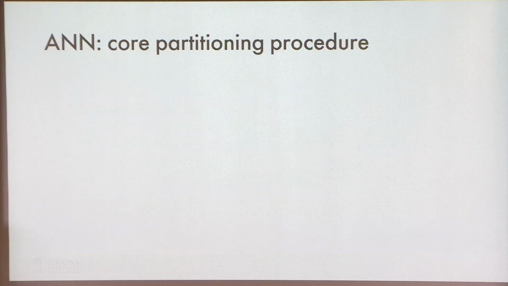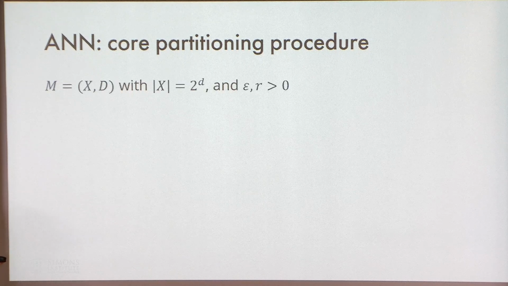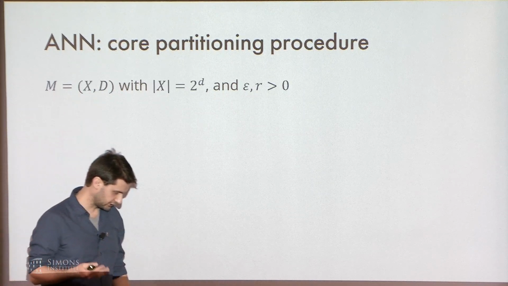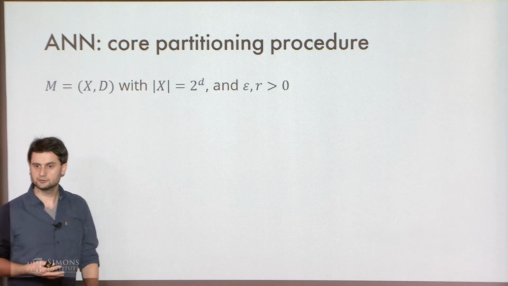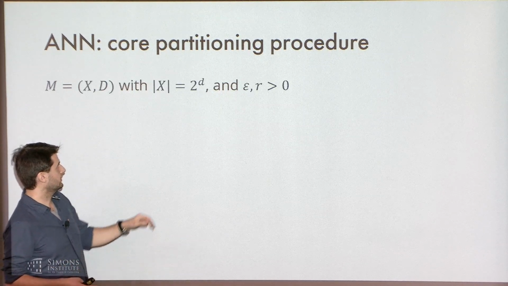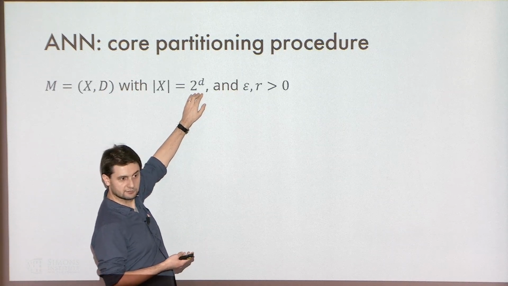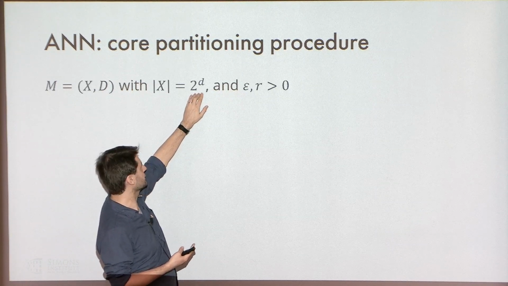All right, so let me tell you how to obtain this theorem, and let me tell you about this core partitioning procedure. So think about the metric space defined on a space X. It's much simpler for us to think of X as being a finite set, and you can think of the size of the space as being exponential in dimension.